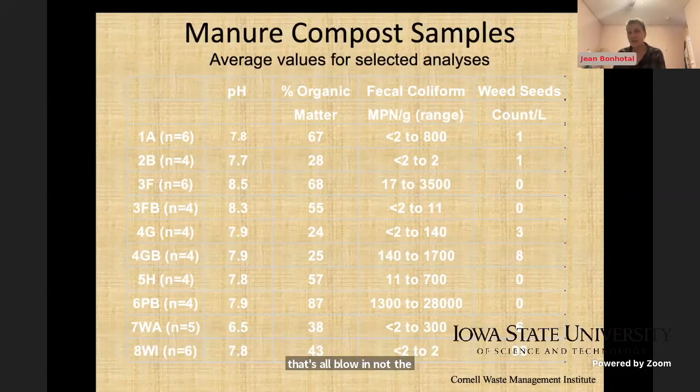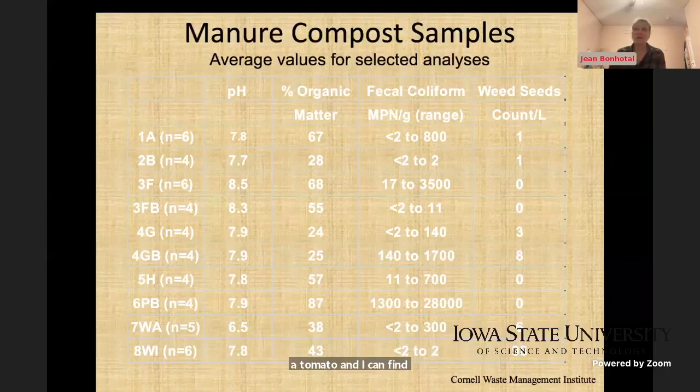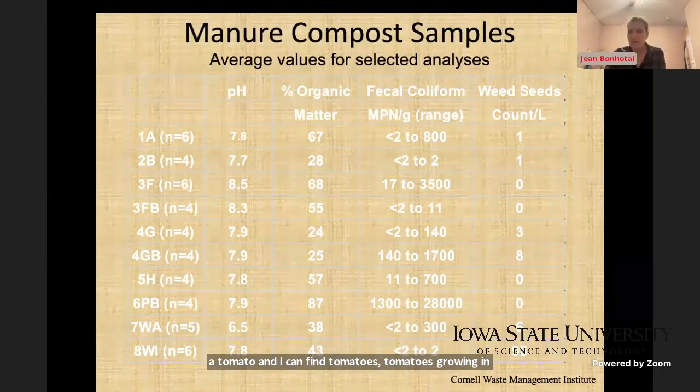The process will kill most of the weed seeds. There's one particular weed seed that doesn't get killed as quickly, and we all eat it probably almost every day, and that is a tomato. And I can find tomatoes growing in compost all across the state. And I pick and eat them at the end too.